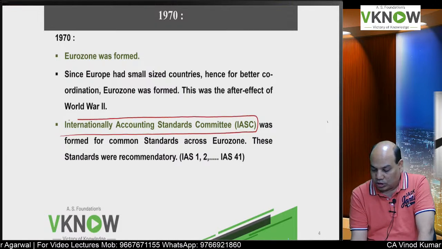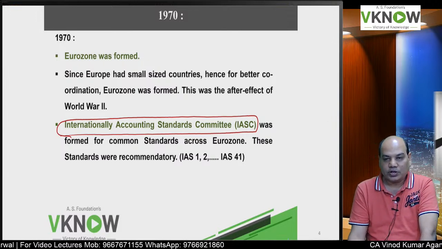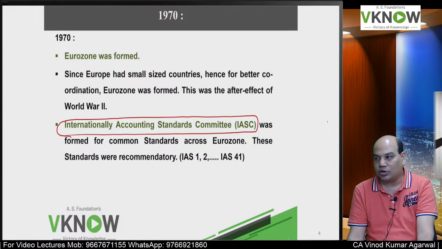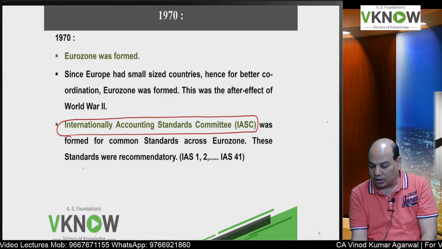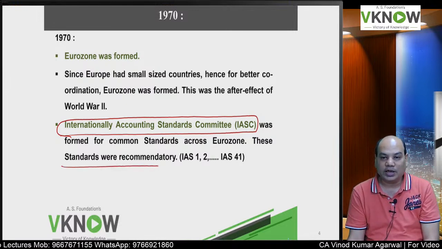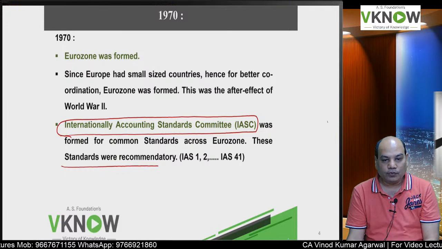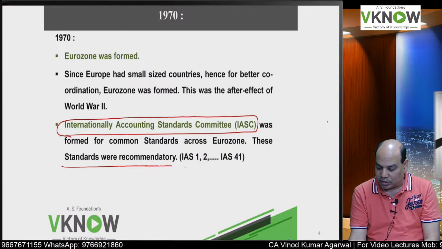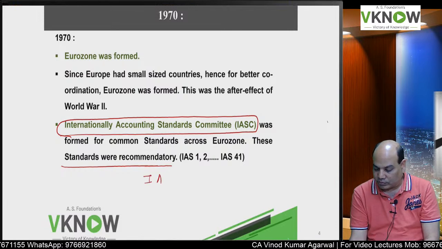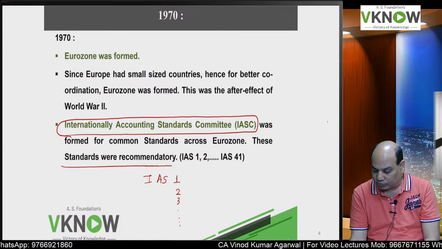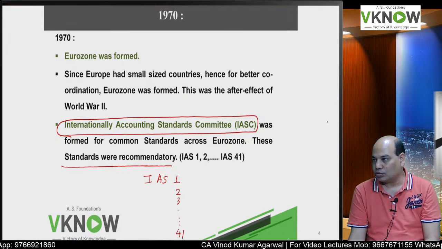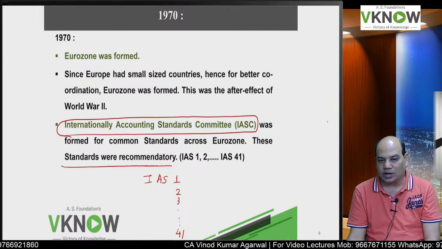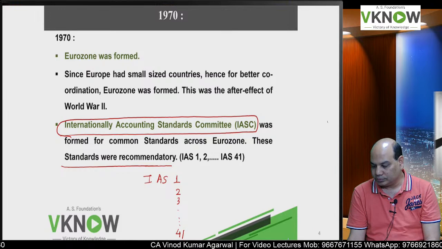First the name was IASC, then they changed it to IASB, and they started issuing standards which were recommendatory, because you can't force standards on different countries. So they are recommendatory, and the numbering system was IAS 1, 2, 3 until 41 was issued. In between, some standards were deleted also, which were replaced by new standards.